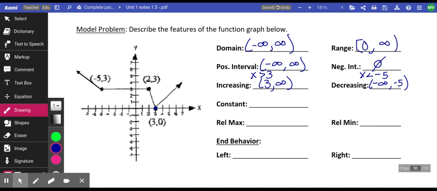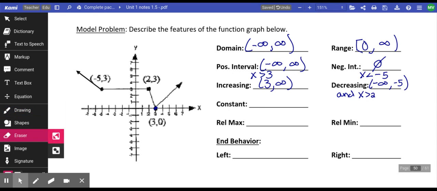It's also decreasing when x is more than 2, but less than 3. So let's write that as an inequality, saying 2 is less than x is less than 3.